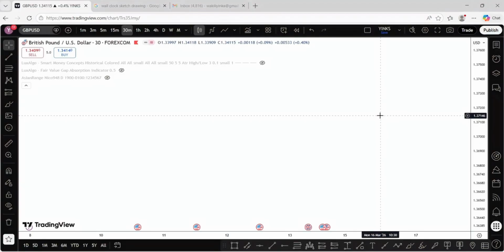Remember, pips and lot size is one of the most used things when it comes to trading, right? After your analysis, you want to know the number of pips risk and the number of pips reward, right? You also want to use a lot size that will determine the amount that you're risking from your account, right? So pay attention.